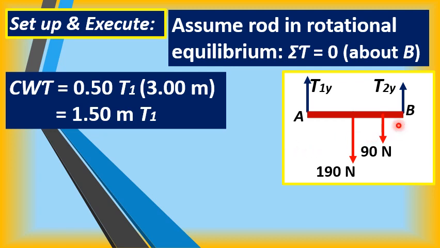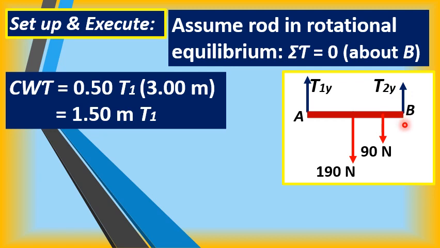I choose point B as the axis of rotation, so that I don't have to include the force T sub 2y in my equation, because any force whose line of action passes through the axis of rotation will have no corresponding torque.